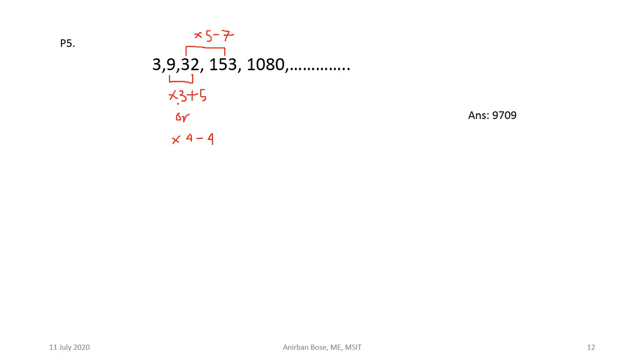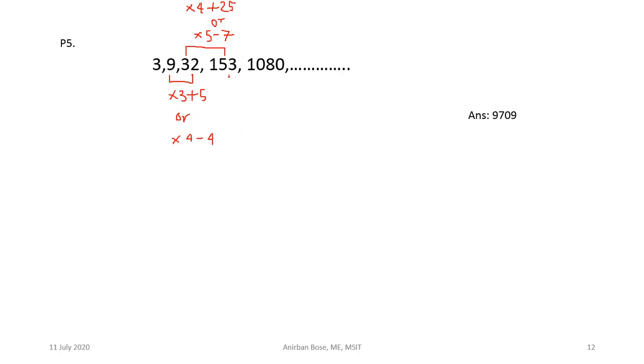Okay, multiplied by 3 plus 5, multiplied by 5 plus 7, or you can think of this one as multiplied by 4 plus what, 128 plus 25. Okay, so plus 25.